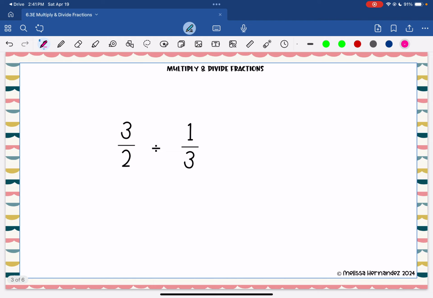All right, let's do another problem. I'm going to continue with the common denominator. I feel like if you're on YouTube looking for help, maybe we need to try a different approach. Divide by 1/3. Our common denominator would be 6. 3 times 2 is 6, so 1 times 2 is 2.